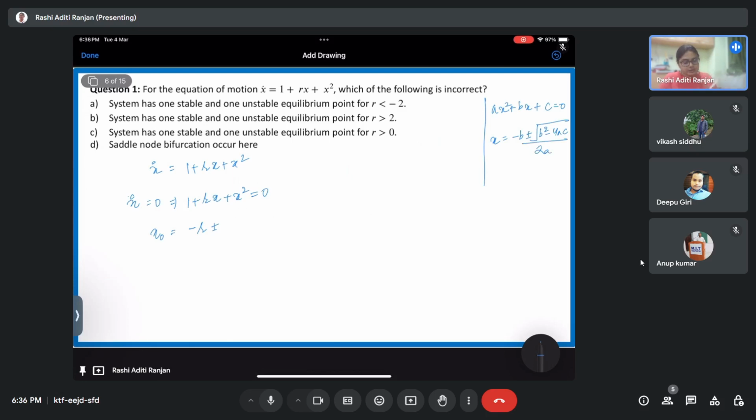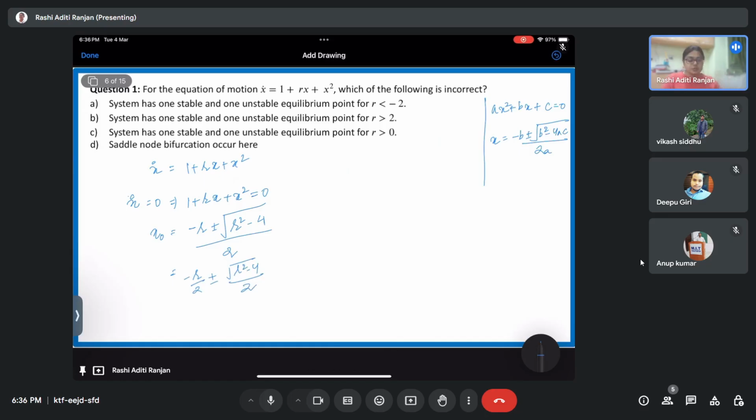So using that only we are going to do it. Minus b plus minus under root of b square minus 4 into a into c, which is going to be 4 only, divided by 2. So essentially my equilibrium points are going to be minus r plus minus under root of r square minus 4, divided by 2.